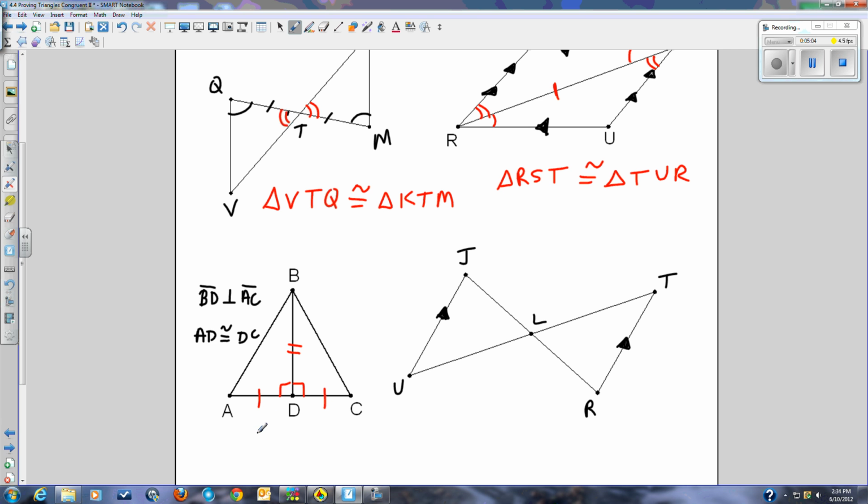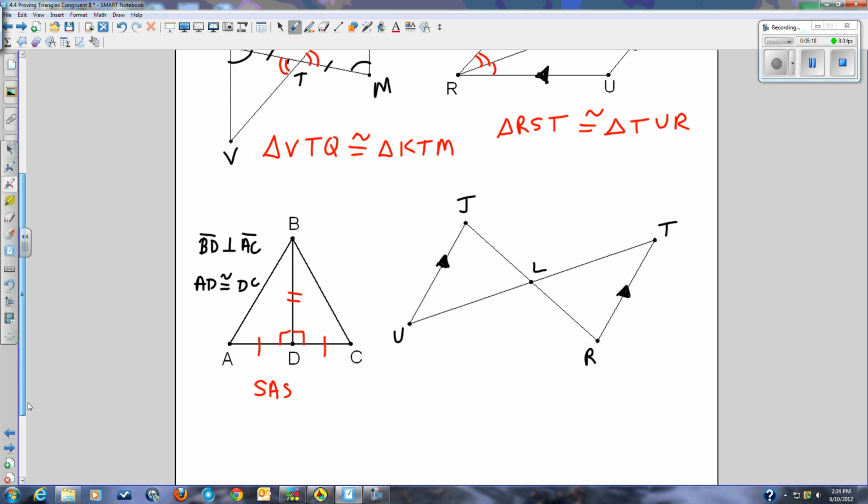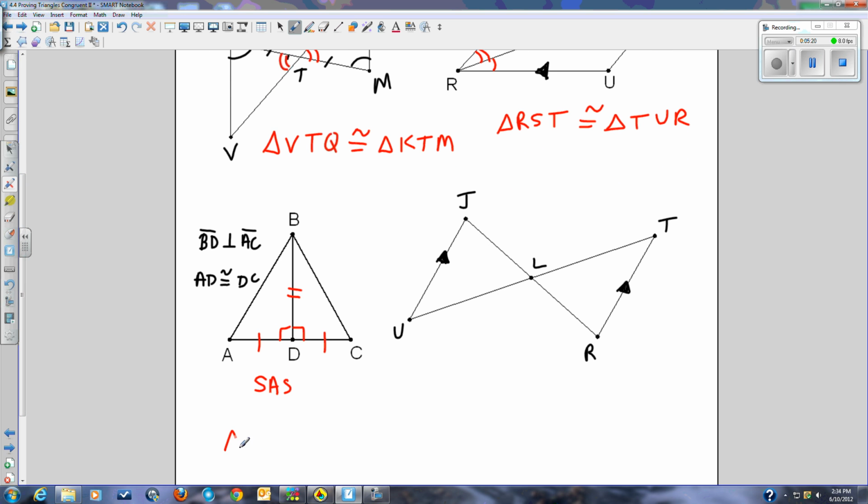So BD is congruent to BD. Now this is going back to one of the postulates we used in our last lesson. Notice now we have side, angle, side. So that's what we're using to prove the triangles are congruent. And we can say that triangle ADB is congruent to triangle CDB.